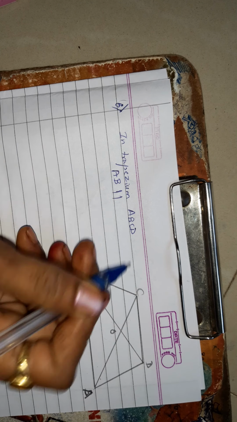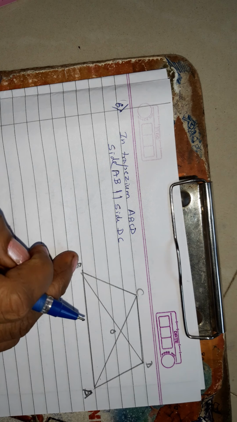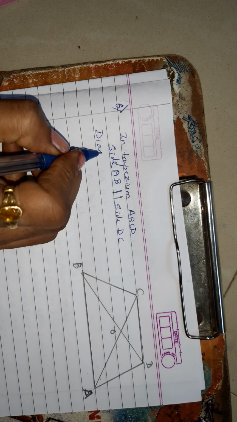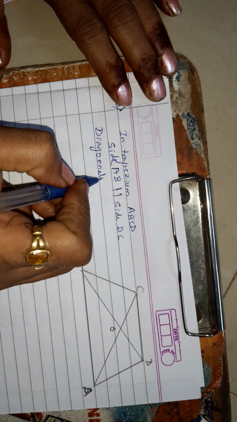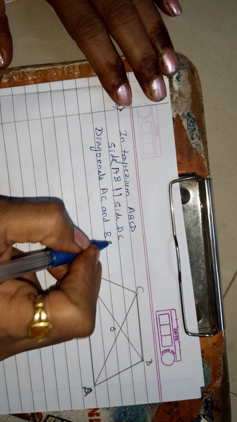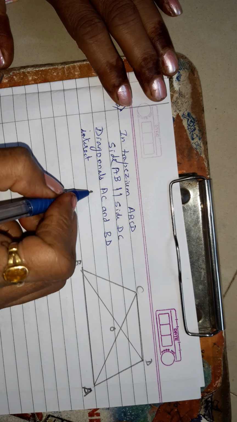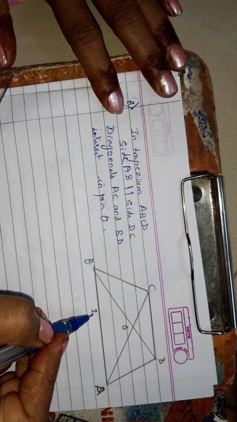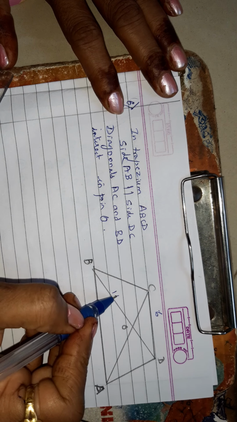So in trapezium ABCD, AB is parallel to side DC. See here, side AB parallel to side DC. Then diagonals AC and BD intersect in point O. Now AB is 20, DC is 6, OB is 15.